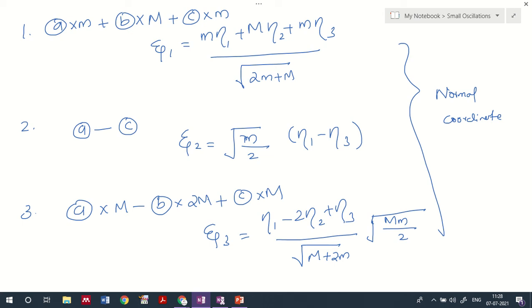We need to find the three frequencies: omega 1 equal to 0, omega 2 equal to root k by m, and omega 3 equal to k by m plus 2k by capital M, all raised to 1 by 2.